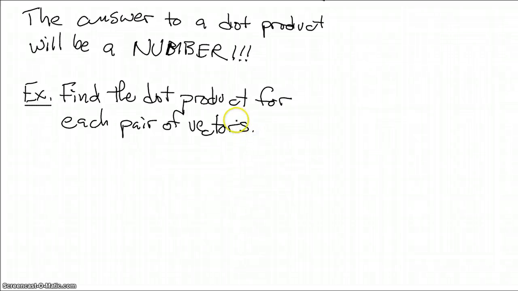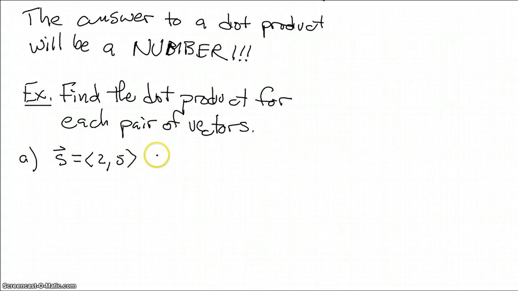Sorry about the writing, it's a little hard to write over here on my graphics tablet. So for part A, we're going to have vector S is 2 comma 5 and vector T is negative 4 and 6.